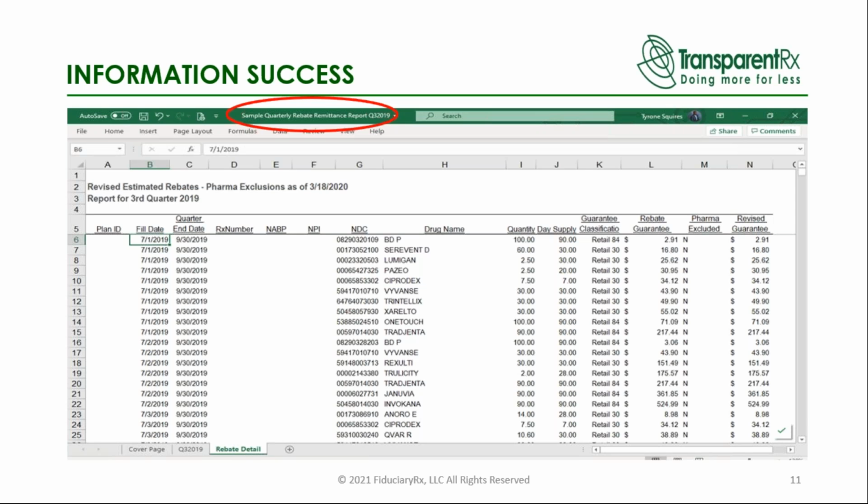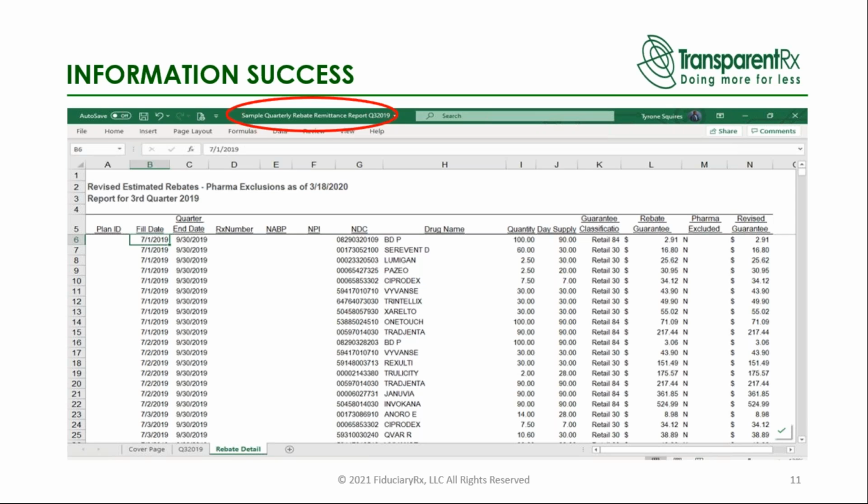As a fiduciary PBM, and any PBM that is calling itself transparent, at a minimum, when it pays its clients rebates, should be providing a receipt in conjunction with those paid rebates. That receipt is what's called a remittance form.